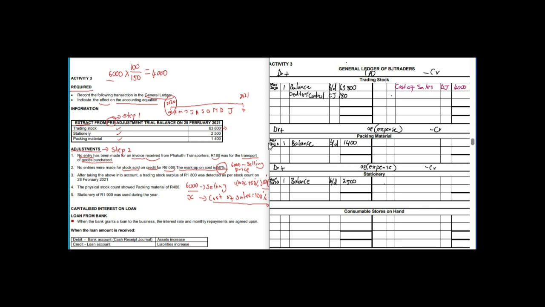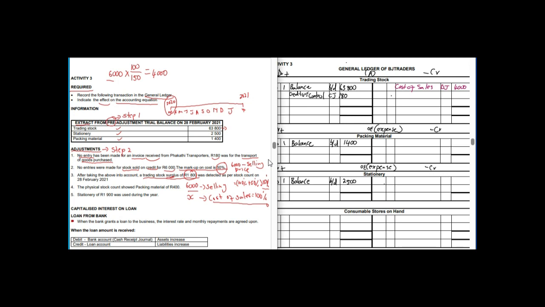And then guys, we continue to our third transaction, and it says, after taking the above into account, a trading stock surplus of 1,800. So now we have a surplus. As we spoke, a surplus is an income to us, meaning we have more trading stock in the business.